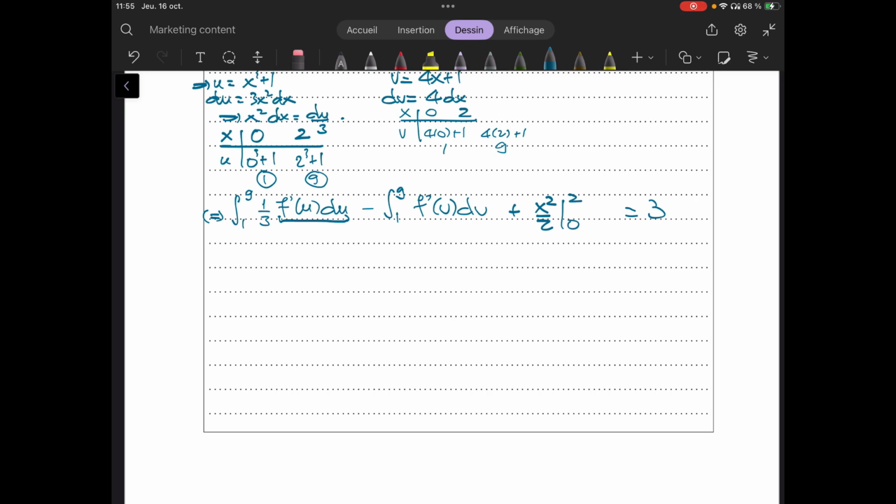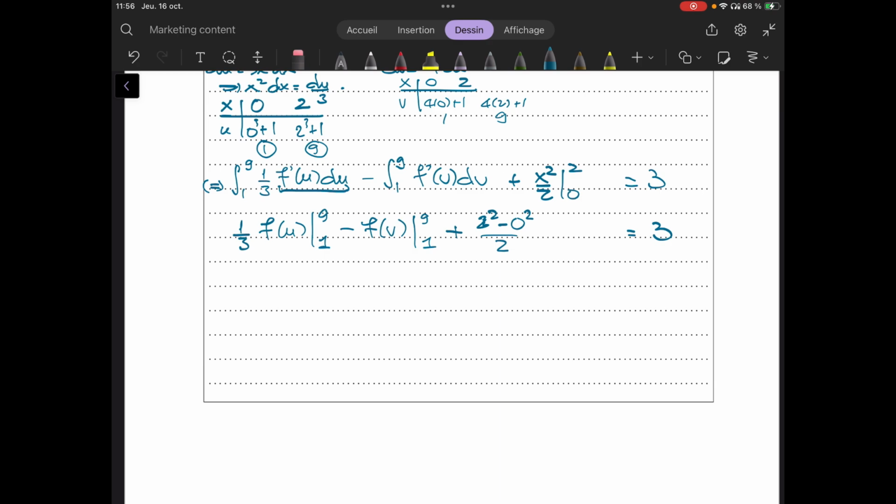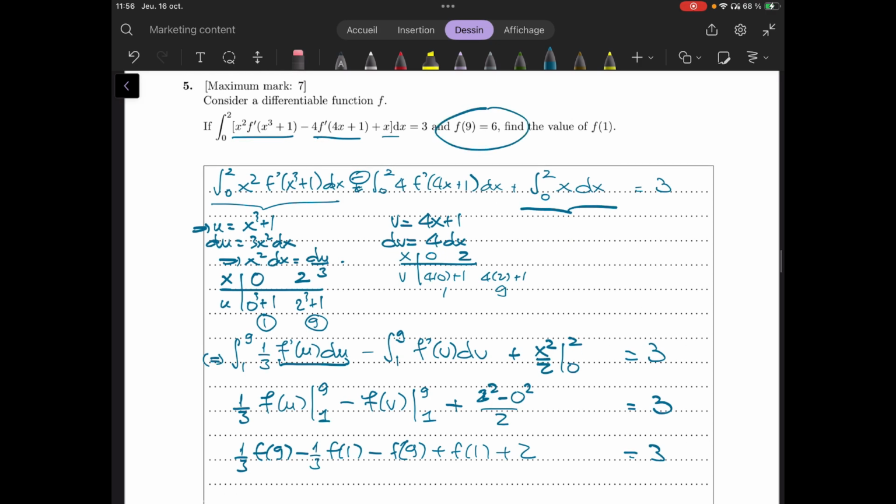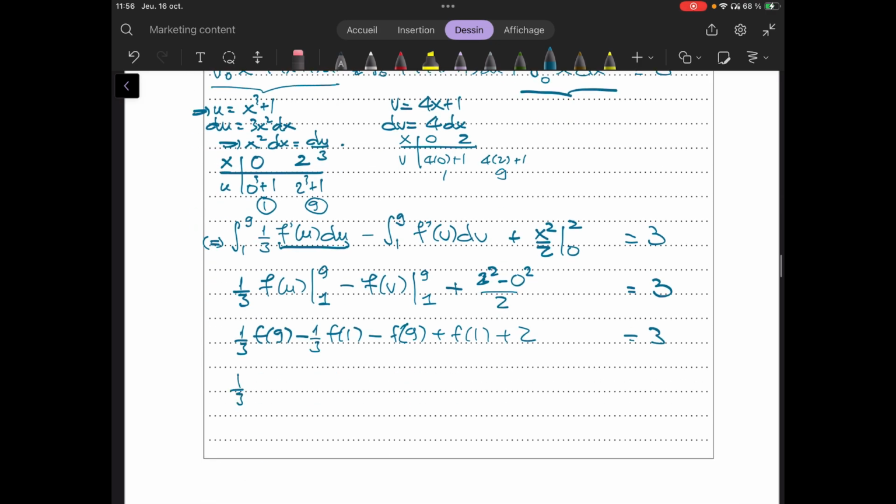The integral of the derivative is the function itself. So you will get a third of f of u, plug in the upper bounds and the lower bound. Similarly, for the second term, the third term, we all know how to evaluate this. So, putting it all together, we are given that f of 9 is equal to 6.